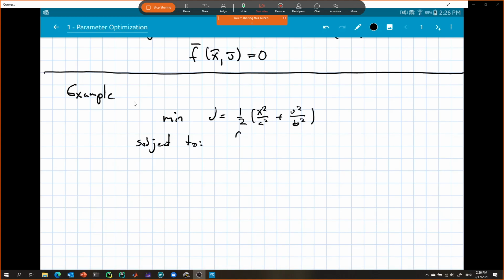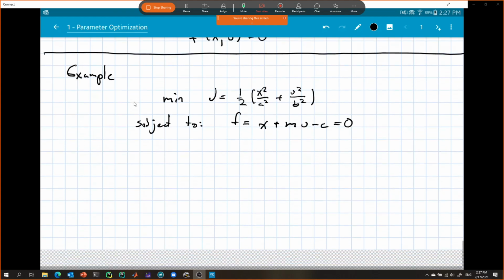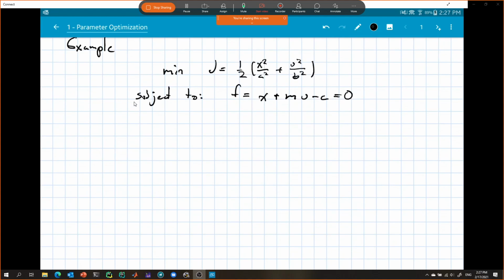So we're going to have one constraint. This cost function is basically an ellipse, right? So you have an x grid and a u grid over some a and b, and that determines an ellipse. And then we have a line that's x plus u minus c. On a contour plot, I'm going to change this to gray. Okay, my lines are not straight.